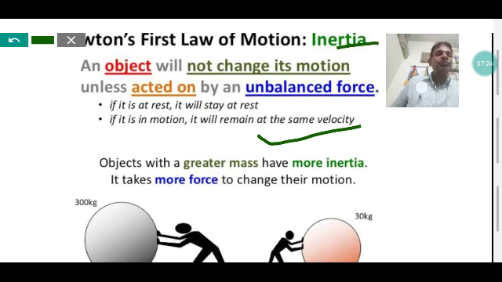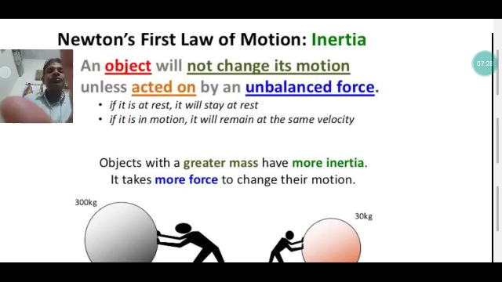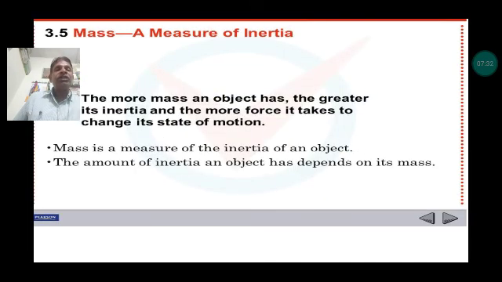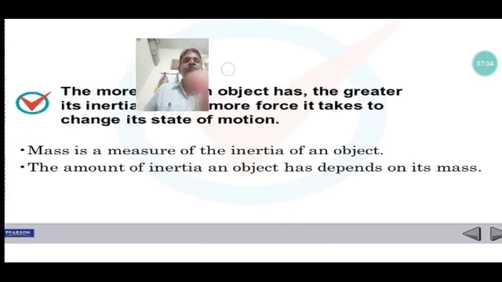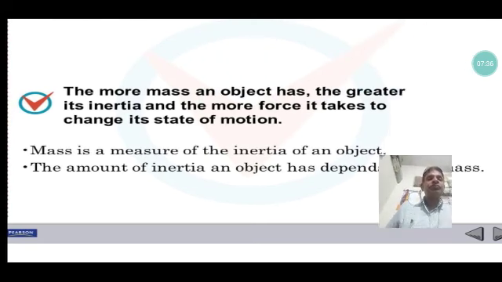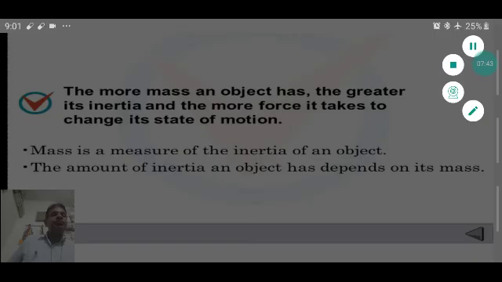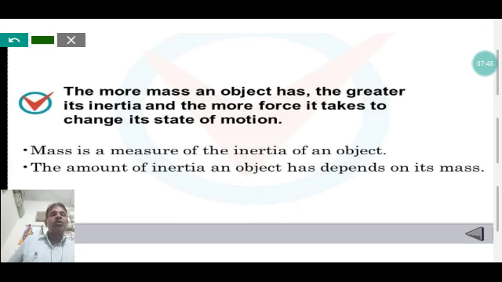Now look here. We are going to discuss the next slide. How are mass and inertia correlated? The more mass an object has, the greater its inertia, and the more force it takes to change its state of motion.